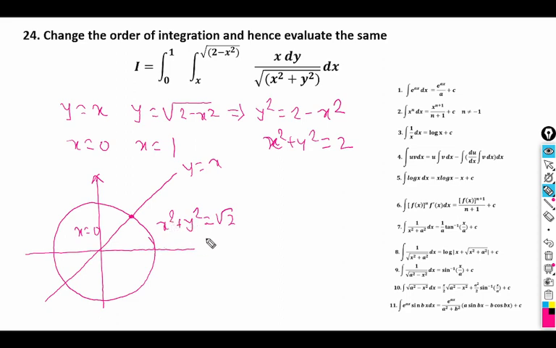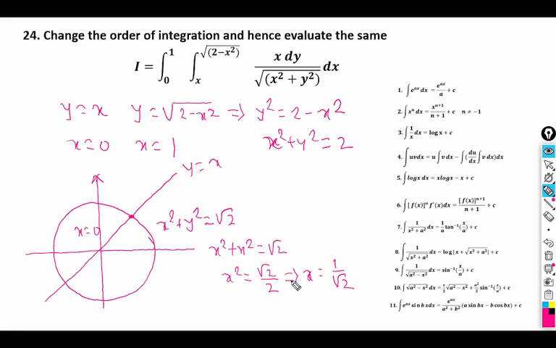If I replace x equal to y in this equation, we get x square plus x square is root 2. So 2x square is root 2, so x square is root 2 by 2. So x square is 1 by root 2.